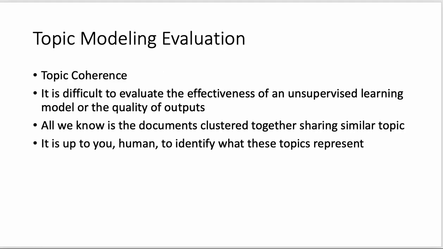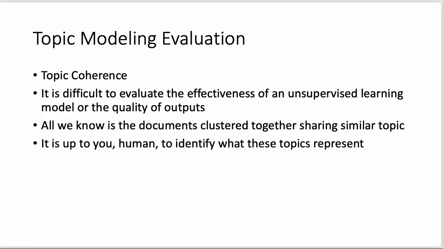So how do we evaluate topic modeling? As mentioned, Gensim can output metrics like perplexity and topic coherence score. So you can use those. What are those metrics? Topic coherence is a complex metric and topic on its own.